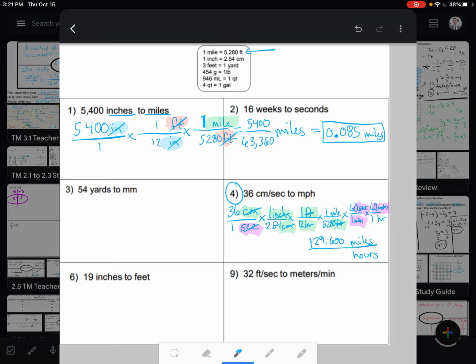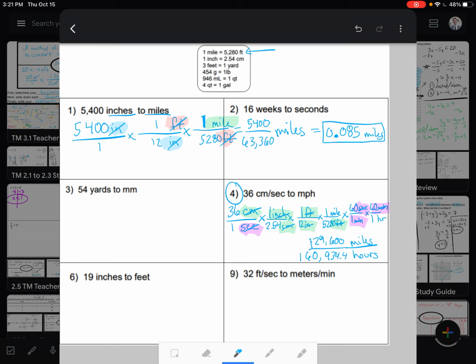And then on the bottom, we have 1 times 2.54 times 12 times 5,280 times 1 gets us to 160,934.4 hours. So that whole division problem will get us our miles per hour.